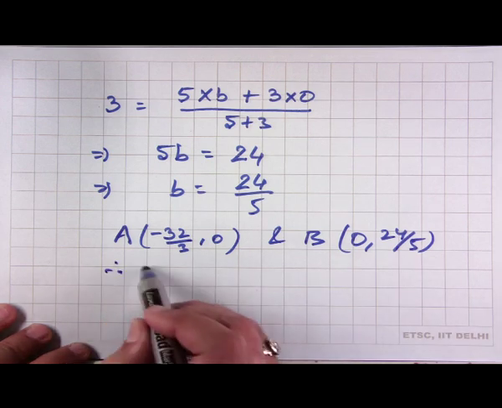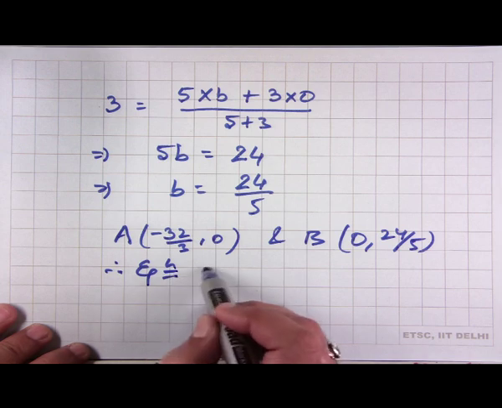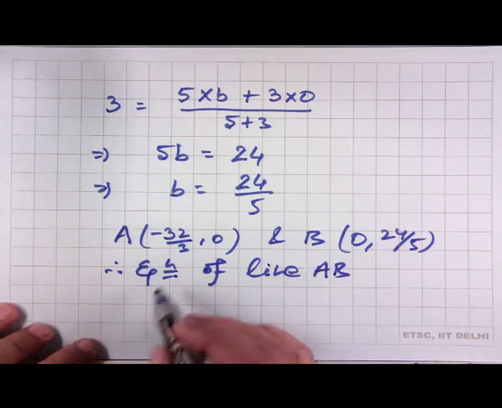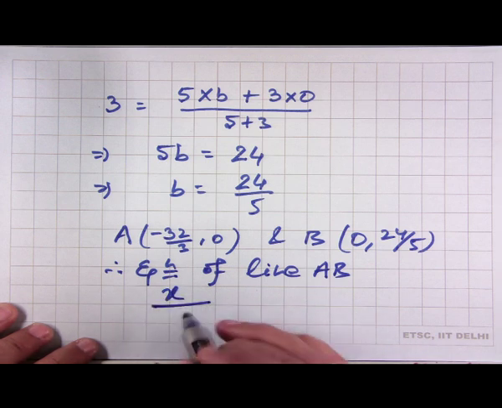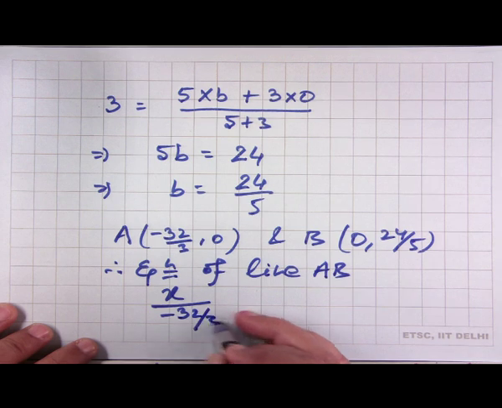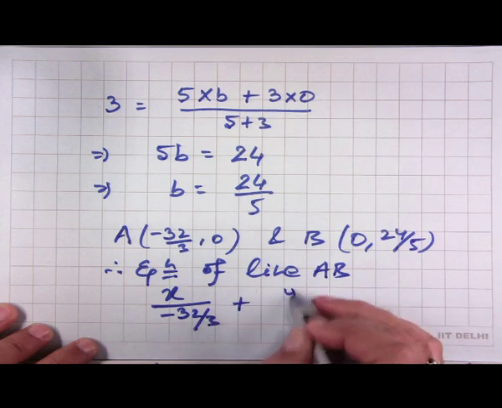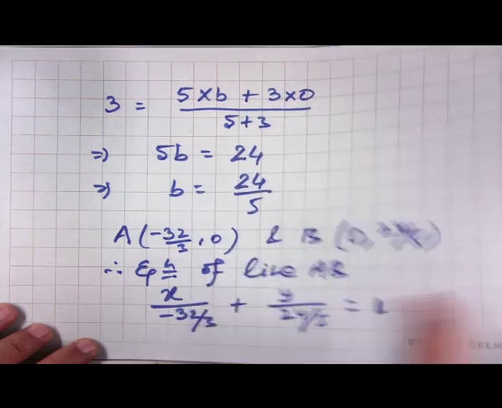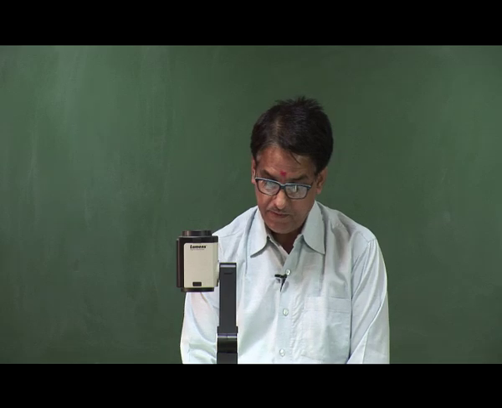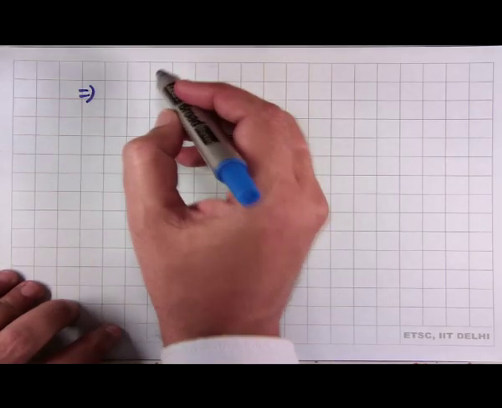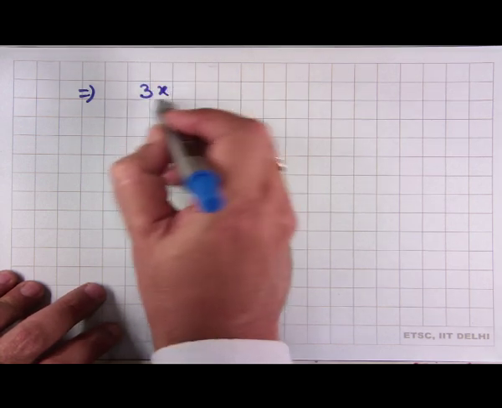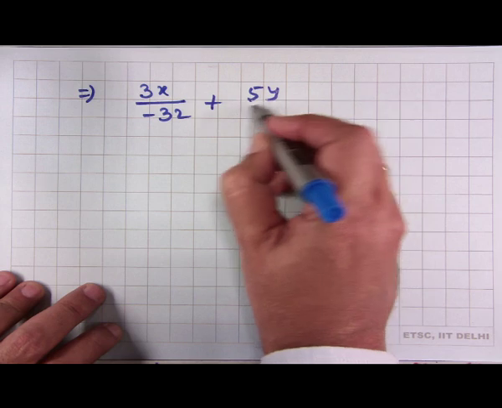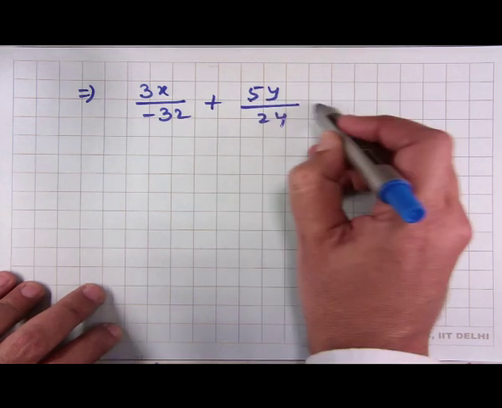So the equation of line AB is x by (-32 by 3) plus y by (24 by 5) equal to 1. So this implies 3x by -32 plus 5y by 24 equal to 1.